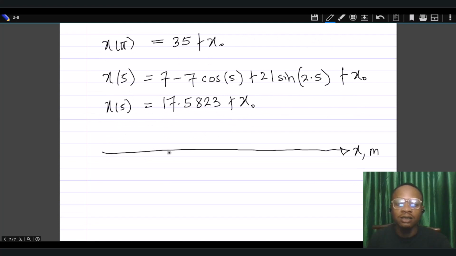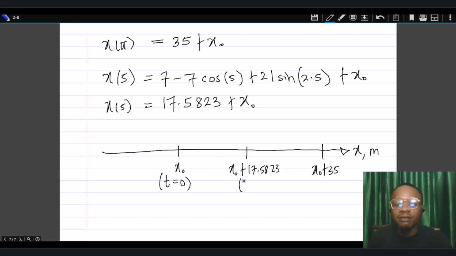So let's say this is our x naught, then it went to x naught plus 35 on this side, and at time t equal to 5 it was 17 point something, somewhere in between, so this is x naught plus 17.5823.